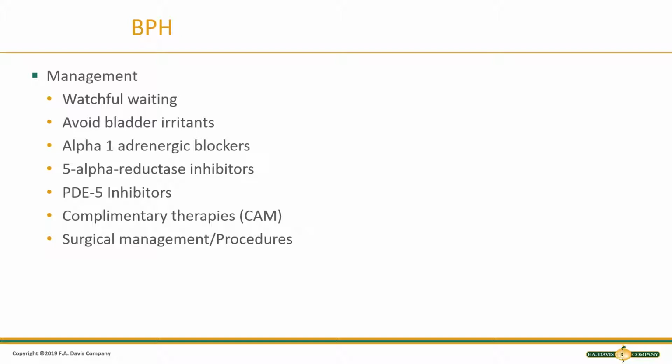Less invasive procedures include transurethral laser-induced prostatectomy, transurethral electrovaporization, microtherapy, needle ablation, high-intensity focused ultrasound, and transurethral balloon dilation and stent placement. You can read the details about each of these procedures in your textbook on pages 752 and 753.